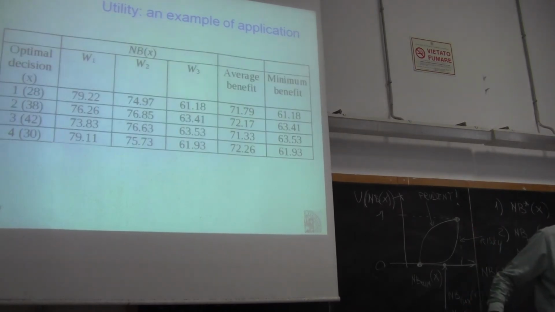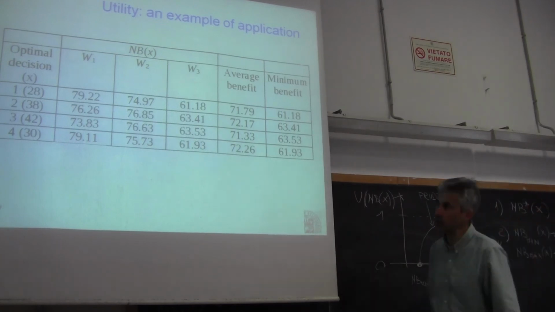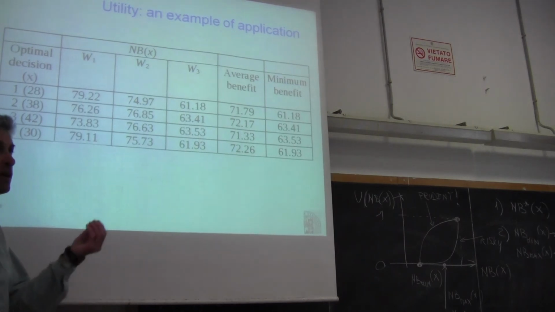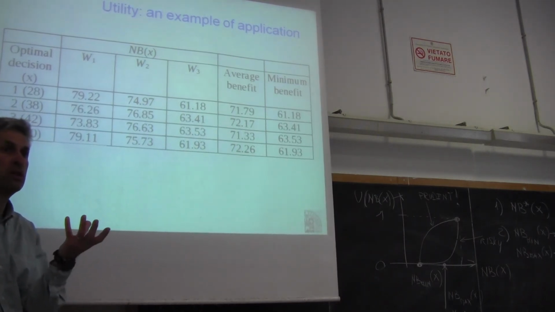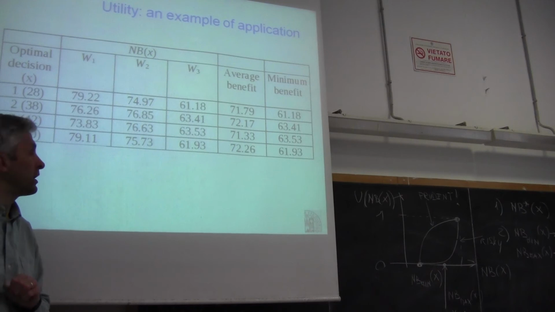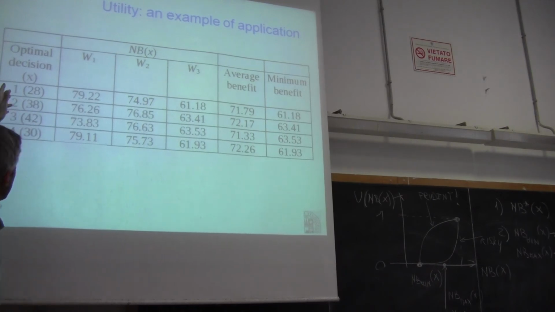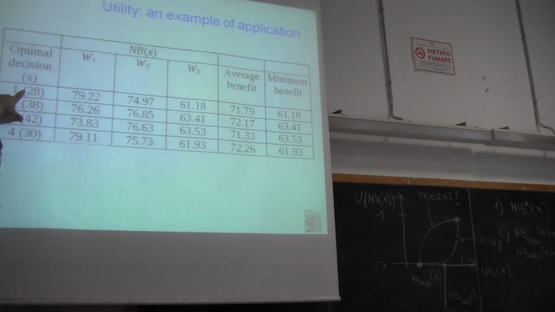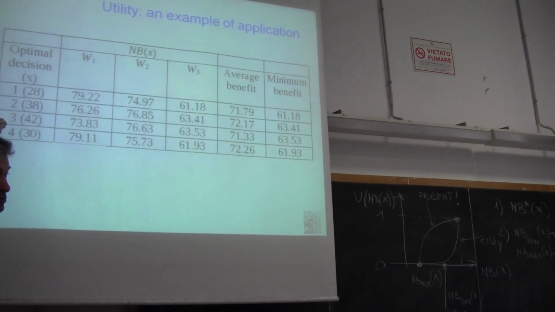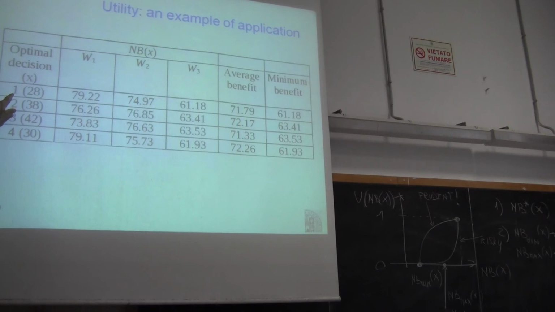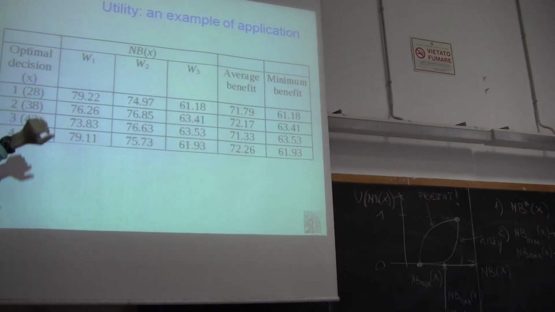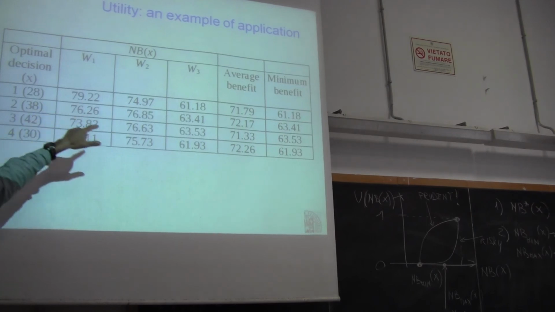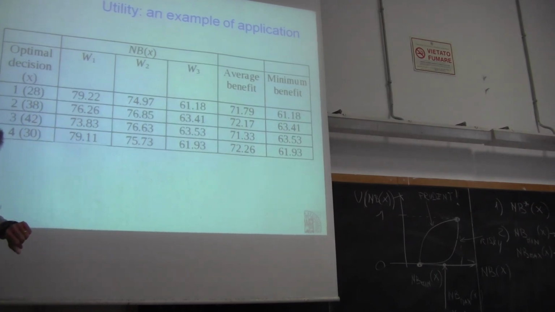These are the three curves. And so basically, you may decide to get the three optimal allocations for each of the vectors. And therefore, you may prove that the three optimal allocations are given by these three numbers in the first three rows of this table. So 28 for W1, 38 for W2, 42 for W3.